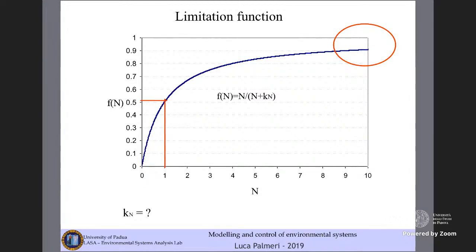Again, as I told you, we employ the Michaelis-Menten formulation, and we say that Kn, the semi-saturation constant, is the concentration of nitrogen at which the speed rate, or the limiting function, has exactly the value of 1/2. This is a saturation process.